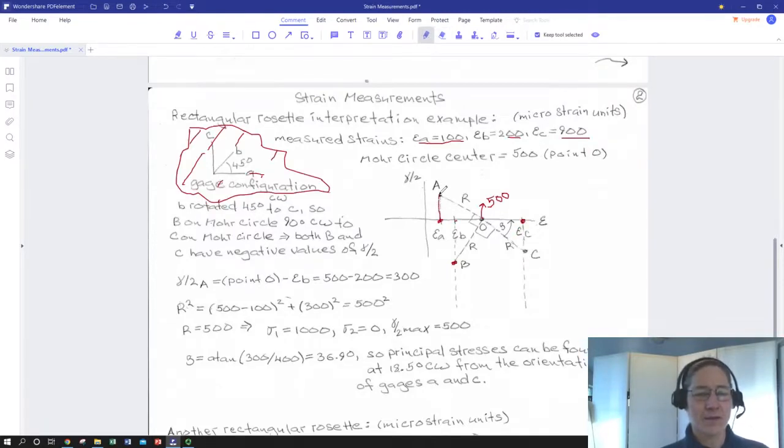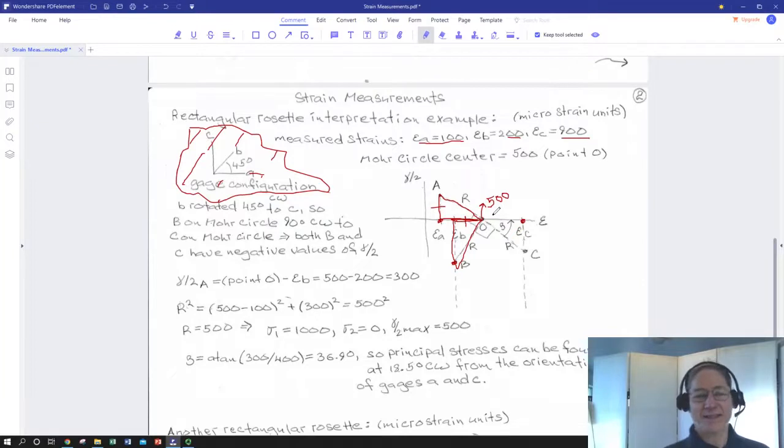So the triangle that is formed by epsilon A, actual point A on the Mohr circle here, and the triangle formed by epsilon B, B, and O. These two triangles are called congruent because that side of triangle epsilon A, A, O is equal in length to this base of epsilon B, B, and O.